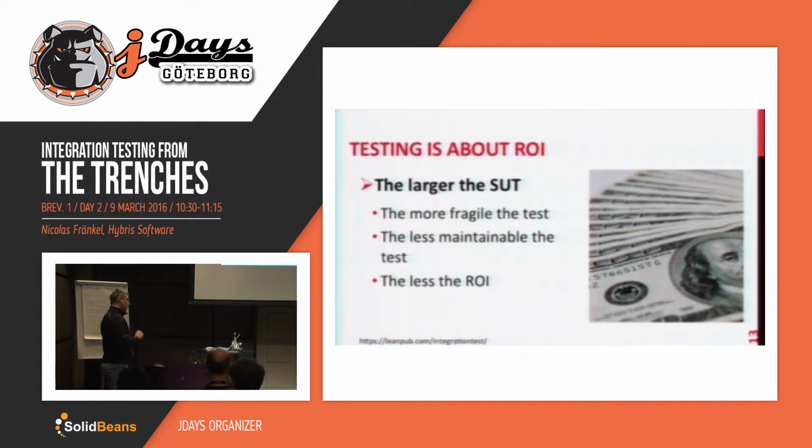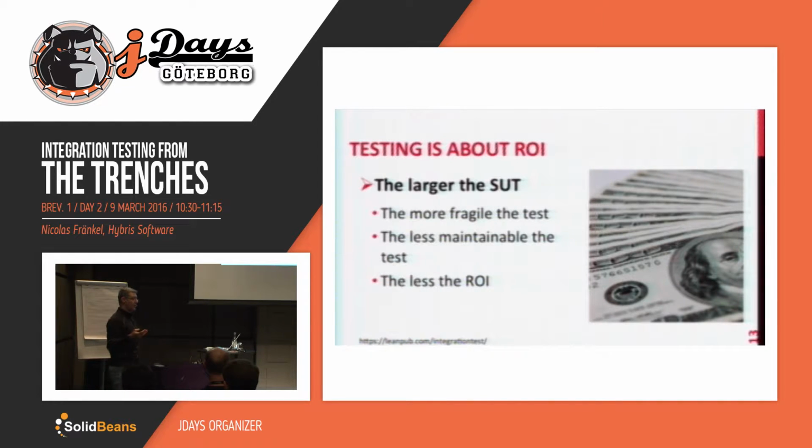And so comes something interesting. It's probably the case that the larger the system and the tests, the more fragile your tests will be. And if you have done some testing, and especially some integration testing before, you know that when a test is fragile, it means it gets red for the wrong reason.